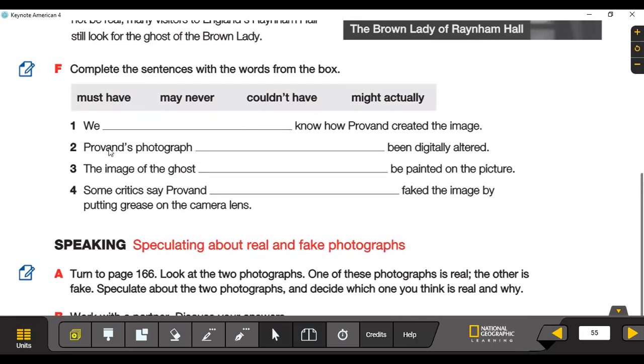We are on page 55 and they are completing letter F, these four sentences using these words from the box. Let me know when you finish so we can check the answers.